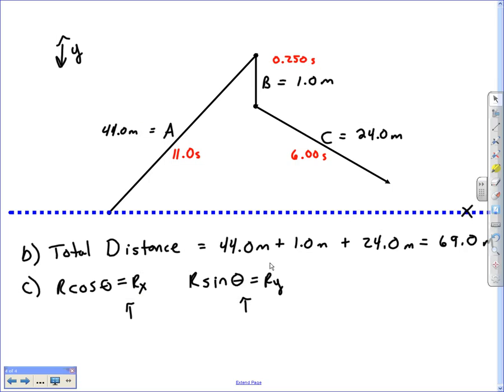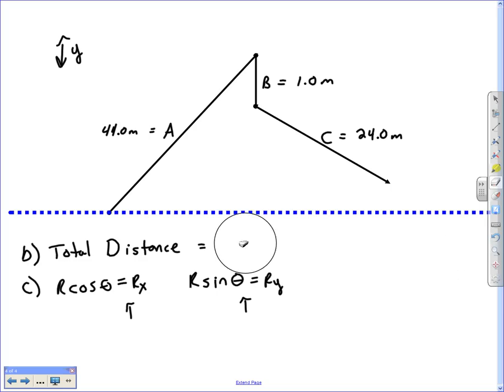First and foremost, I'm going to delete the times. We're not going to necessarily need those anymore. We have distances, which are important, and we can leave that. I'm also going to delete this total distance business, because we're not going to use that anymore either.